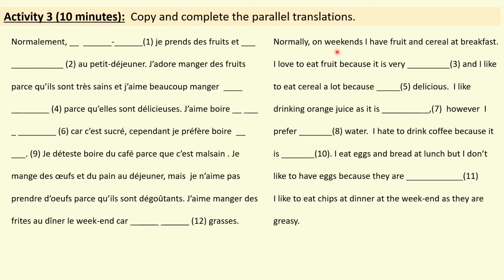Cereal is what's missing here. So you have to find the word in French for cereal here at breakfast. J'adore manger des fruits parce qu'ils sont très sains. Okay, so I love to eat fruit because it's very, and then you have to find the word here for sain.